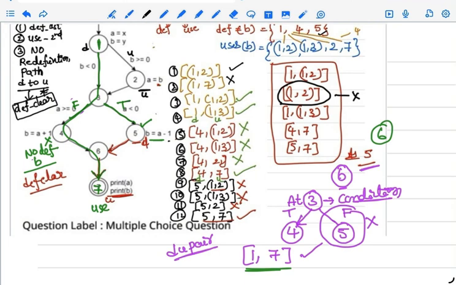So this is also considered a valid du pair. According to me, if at node 3 it splits into two nodes, two paths are possible. So the answer is 6, they consider 1 to 7 also a valid du pair.